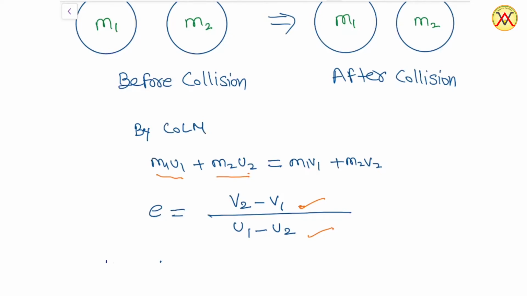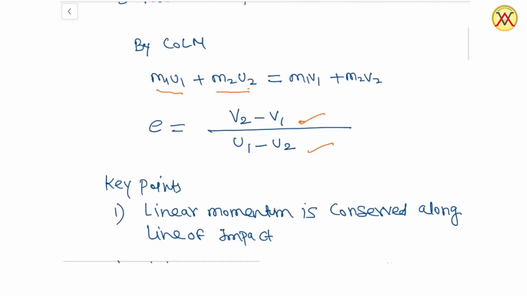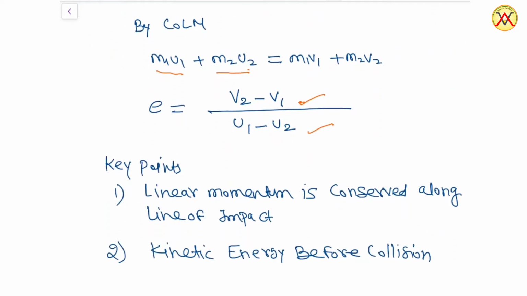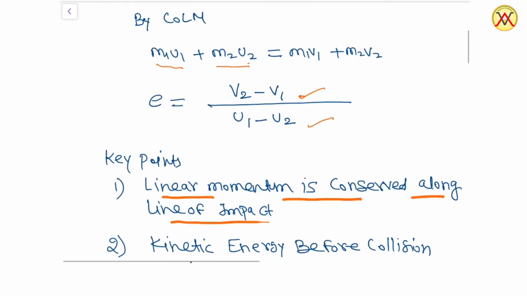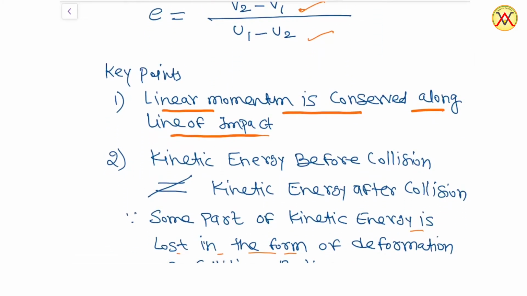Now if we state the key points regarding inelastic collision, the linear momentum of the system is conserved along the line of impact before collision, after collision and during the collision, as there is no external force along the line of impact. If we think about kinetic energy, as there is some energy lost in deformation, the kinetic energy before collision is not equal to the kinetic energy after collision.